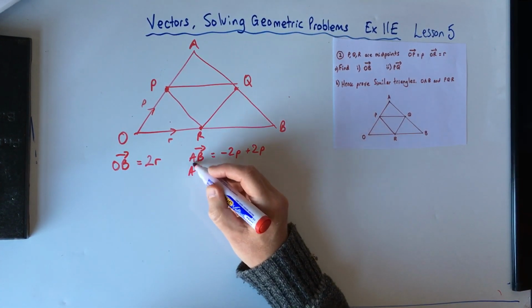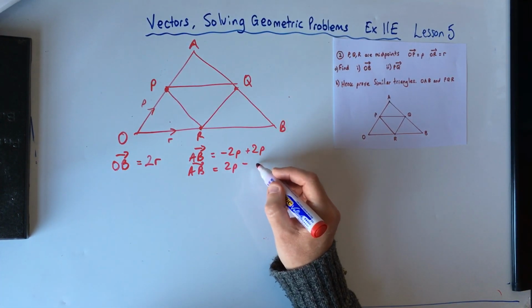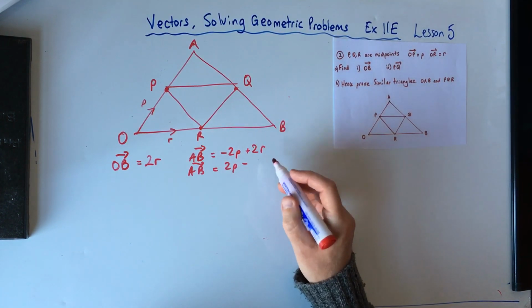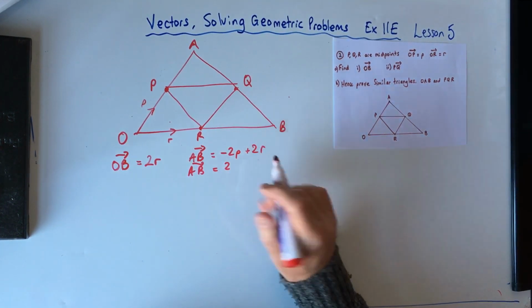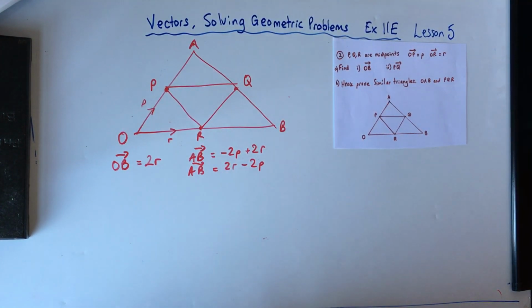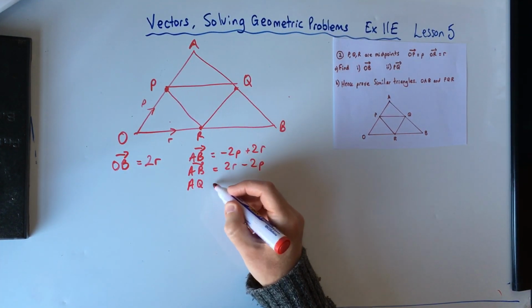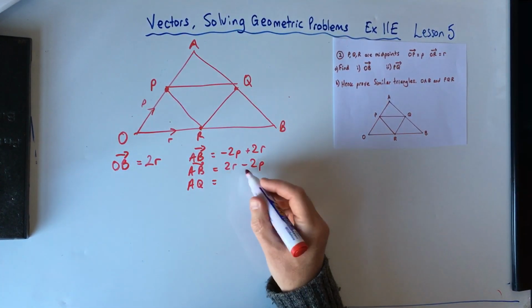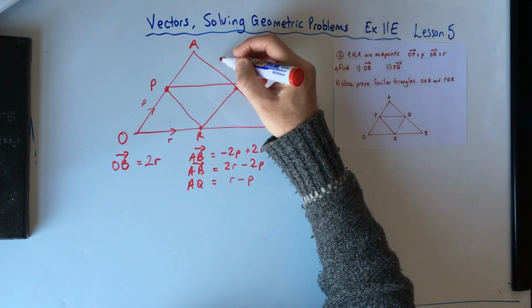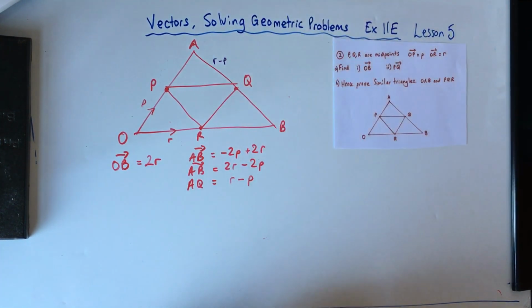So it's 2R minus 2P. So that means that AQ is equal to half of that, which is R minus P.